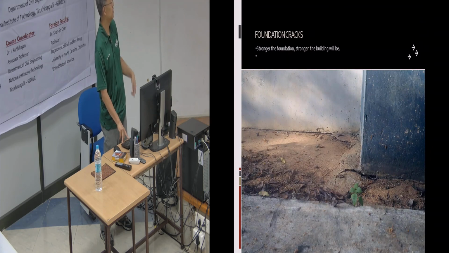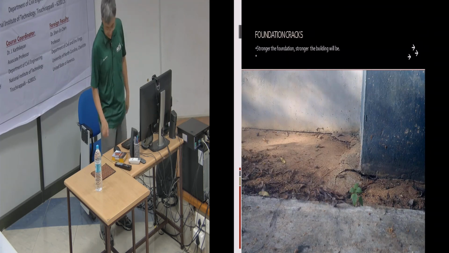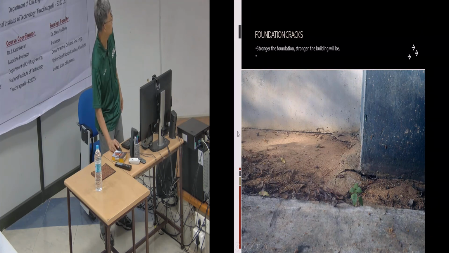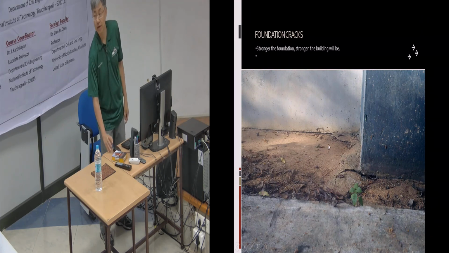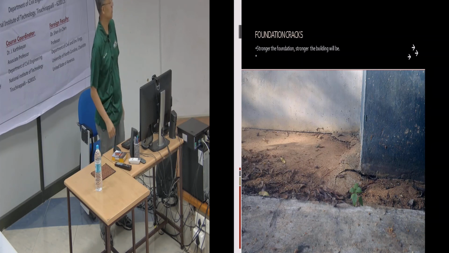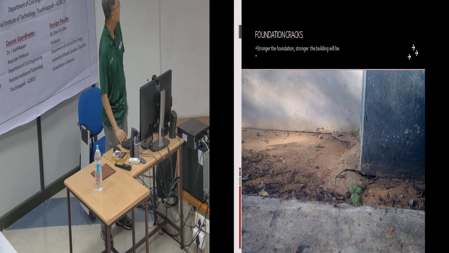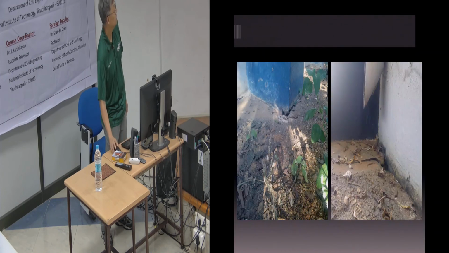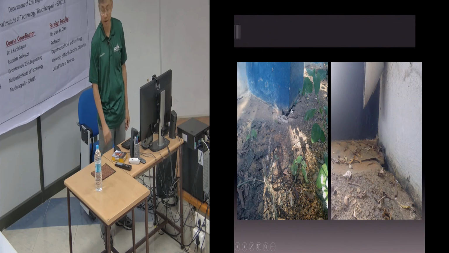This is a foundation crack. The crack they are talking about is actually here, the separation between the soil and the building itself. They show more evidence, even some of the soil separated from the foundation of the structure.